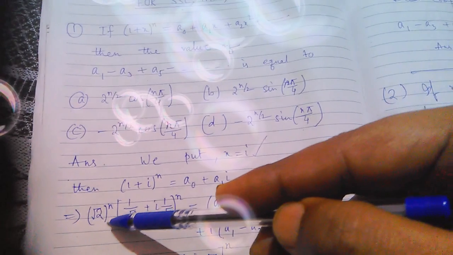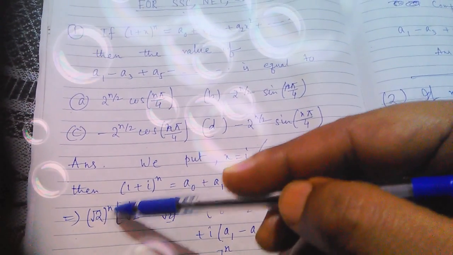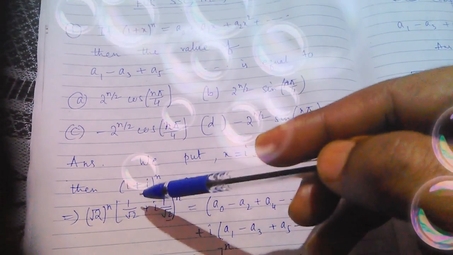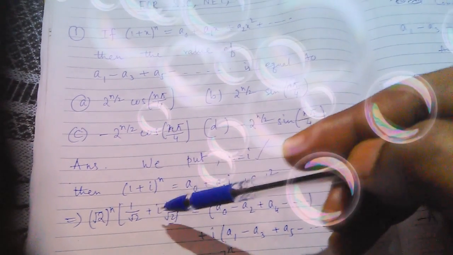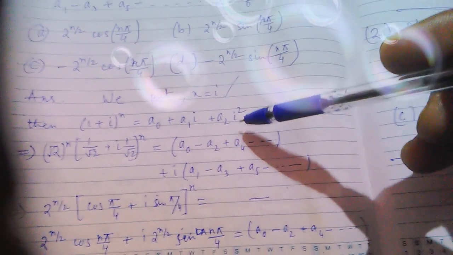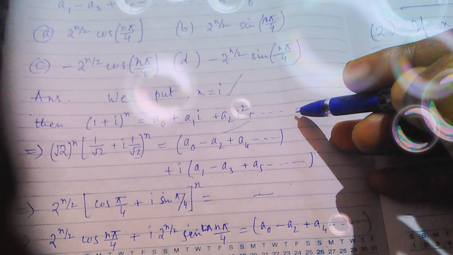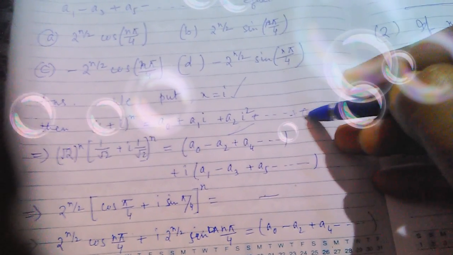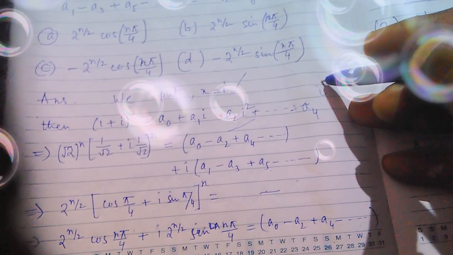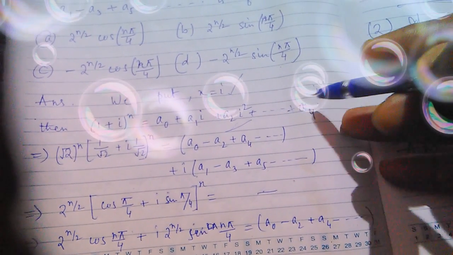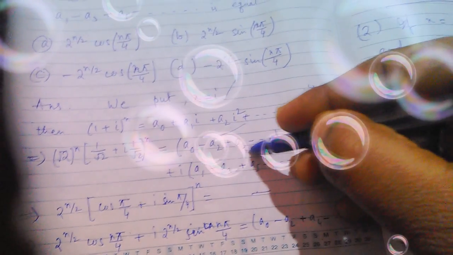From this, if we take root 2 common, then n will be the power of it, and then we will get (1 by root 2 plus i by root 2) to the power n. And on the right hand side, this will be minus, and also here we will get plus a4, because this will be i to the power 4. This is i square minus 1, plus 1, so that's why plus a4.